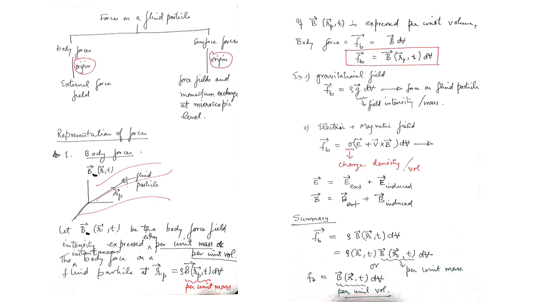If I write charge density per unit volume in the fluid as sigma, then the charge on a given particle will be sigma times the volume of the particle. So sigma dV would be the charge on the fluid particle, and once the charge is known, then the Lorentz force is very easily written.